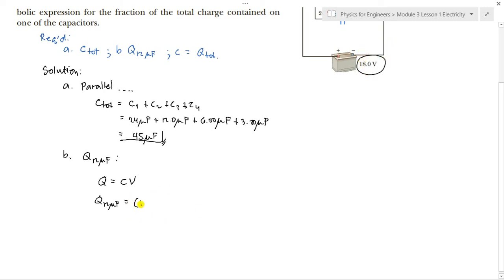So that would be 12 microfarad multiplied by 18 volts. Since it's still in micro, we're going to convert that. 1 farad is equal to, for micro, 10 to the power negative 6.